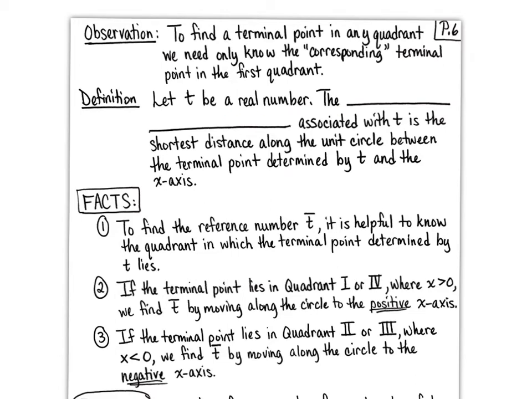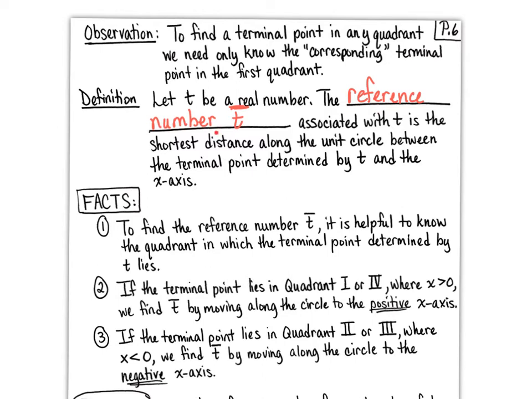The reference number t bar, it's the notation your book uses. Typically we just say reference number, but because your book uses t bar, I'm going to stay consistent with that, so it's not foreign to you.